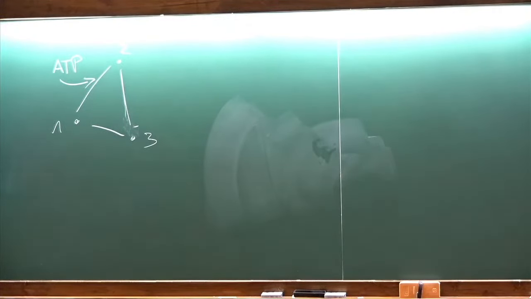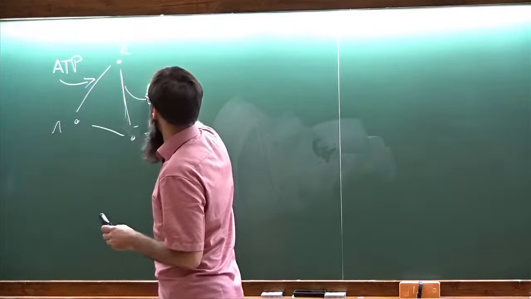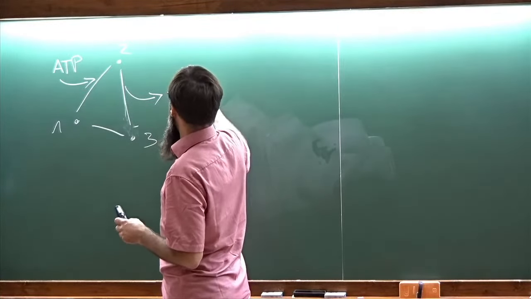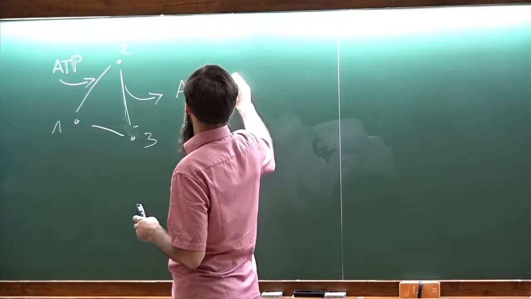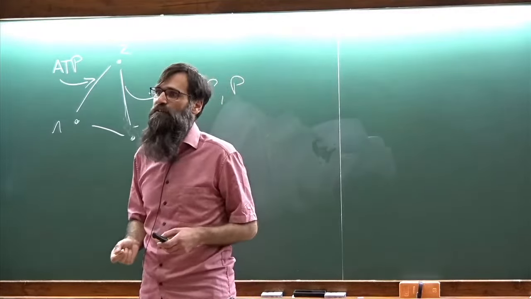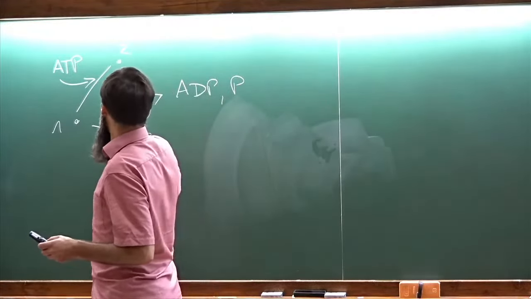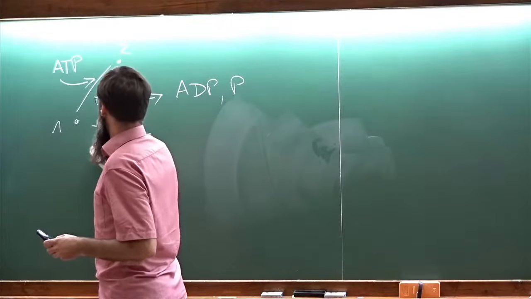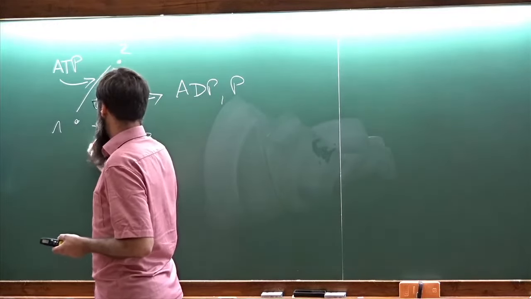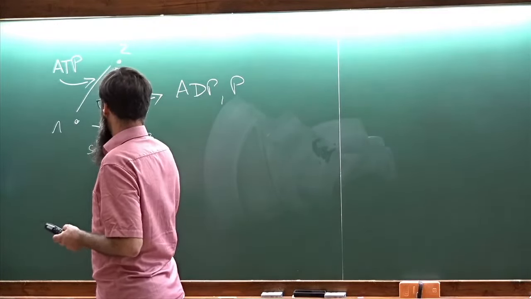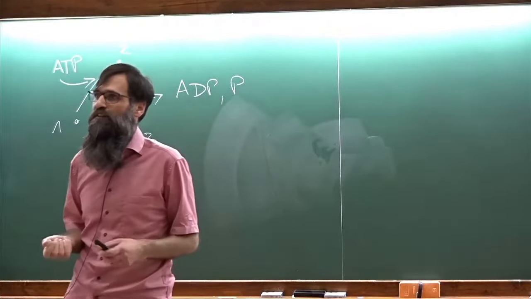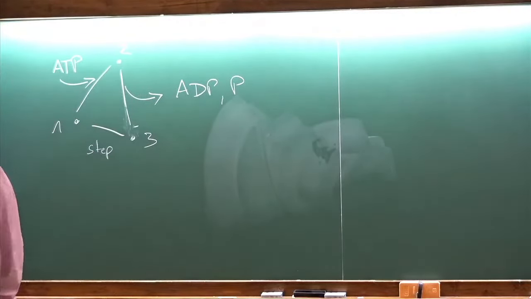And in the transition 2 to 3, we have ADP and the phosphate, so the two products of the chemistry come out. And then our third transition, this is where the mechanics happens. So this is the actual step. Okay, this is where we have the large-scale motion. That's my minimal 3-state model for a cycle of a molecular machine.